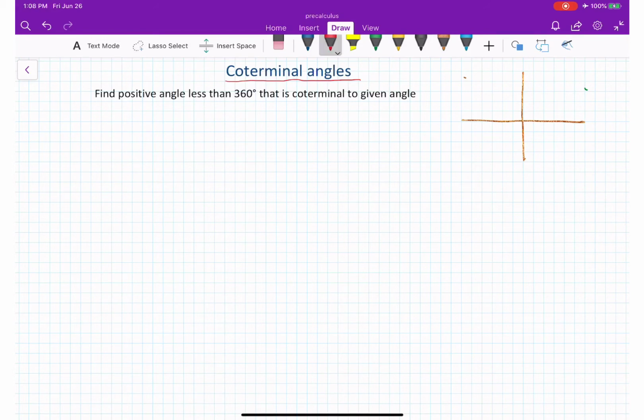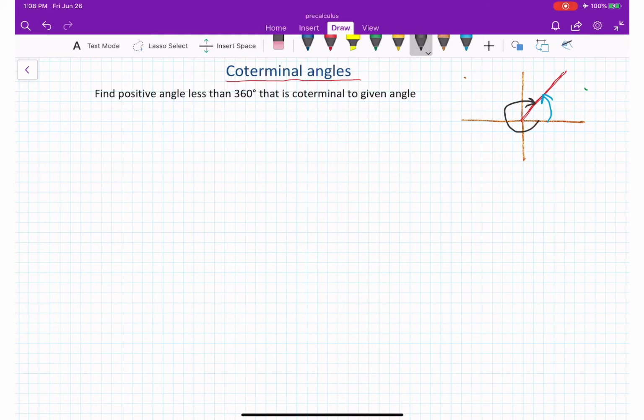Let's say this is my terminal side for this angle. So I can go, let's say, this way, counterclockwise.